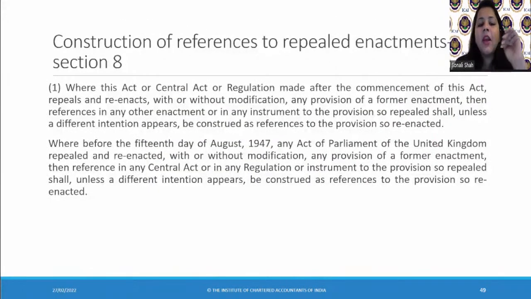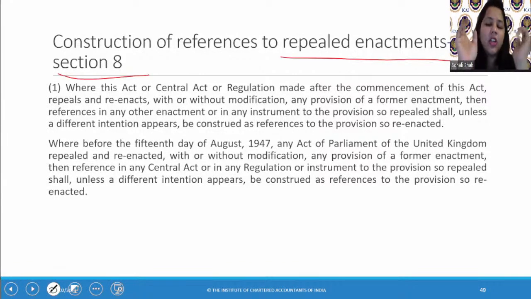Okay. Now, construction of references to repealed enactments, which is section 8. So, you know, Companies Act 1956 was repealed and Companies Act 2013 came into force. Now, the reference to Companies Act has been made in several other legislations, like there is a reference to Companies Act 1956 in the income tax law also, and things like that. So what will happen in such a situation? That is provided for in section 8.